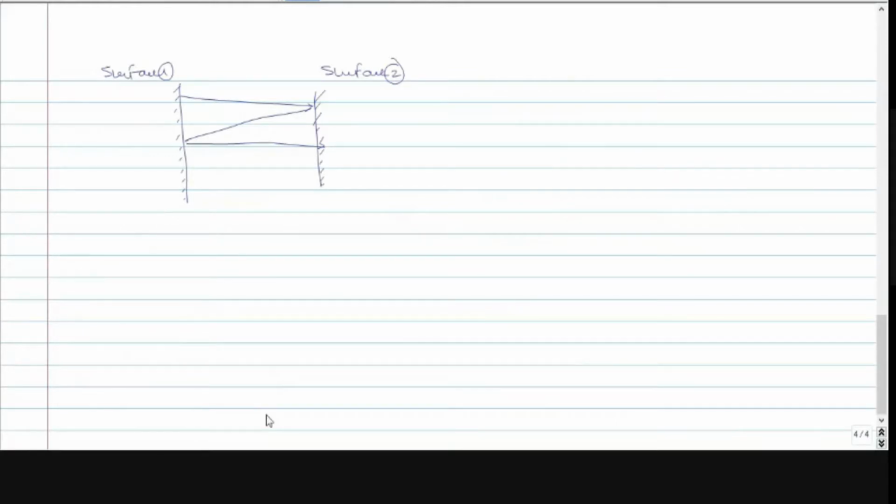Then in this case the heat exchange, since they are non-black surfaces, we can write as: the heat exchange from 1 to 2 is J1 into A1 F1 to 2. See, this J means the radiosity of surface 1.